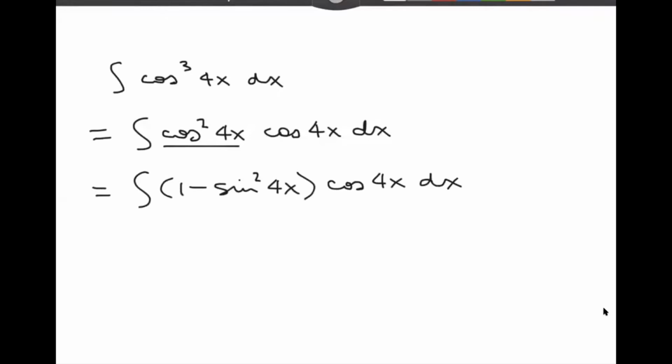All right, and now we can do this as a substitution. If we let u equal sine 4x, that's going to make du cosine 4x times 4, right? Because of the chain rule.